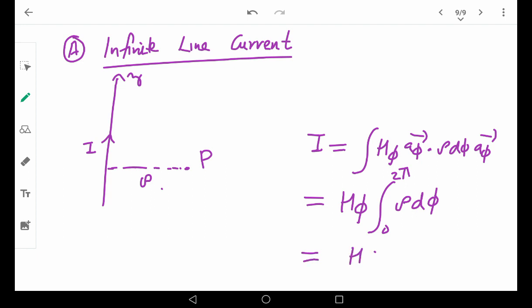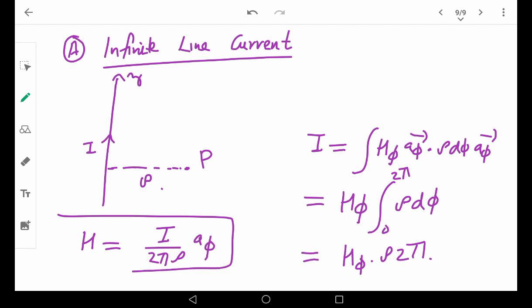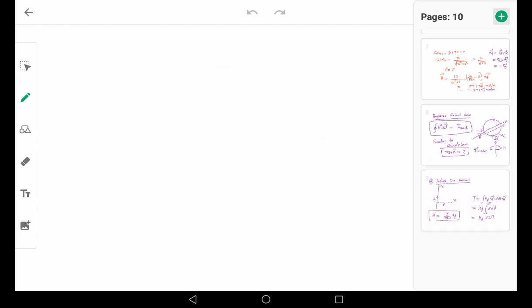So you will get H phi into rho into 2 pi, and that is I. So from that you can get H equal to I by 2 pi rho A phi. This law can be derived. Now we'll do one more example.